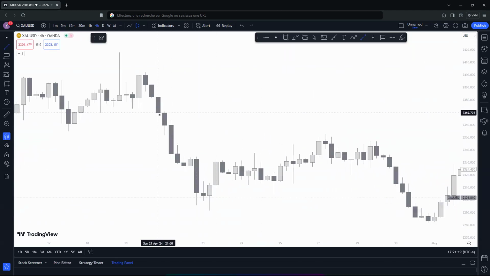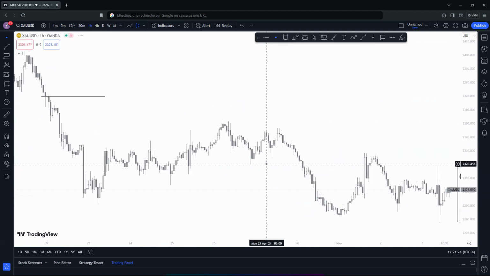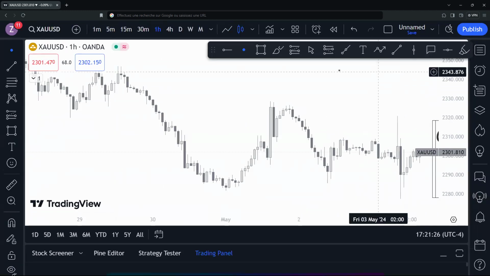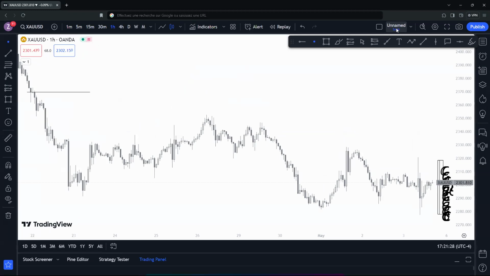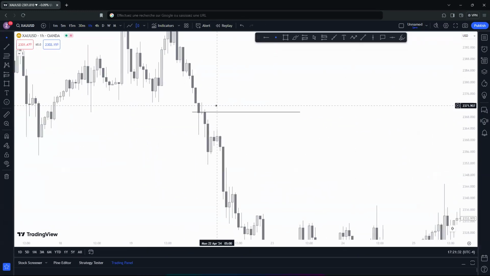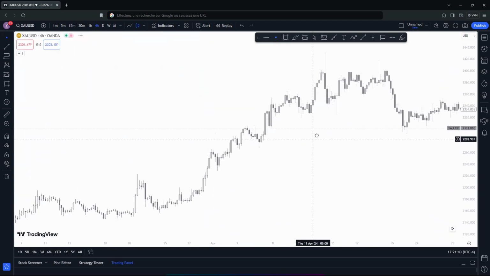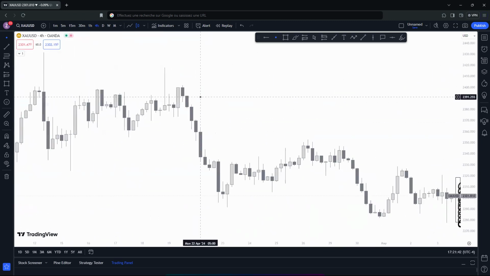Let's take a look at the gap right here. H4 gap, fresh. When you go to H1, you're gonna find that H1 is a classic. So here, H4 gap, H1 classic. I'm gonna try to find an H4 gap, H1 gap.